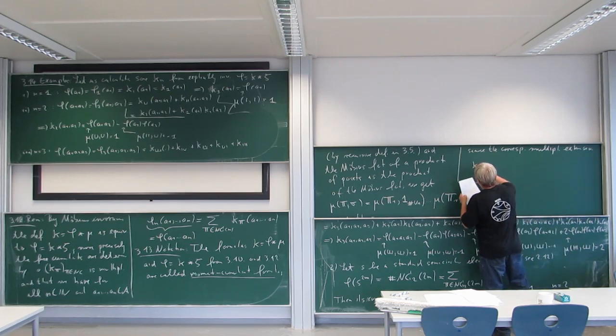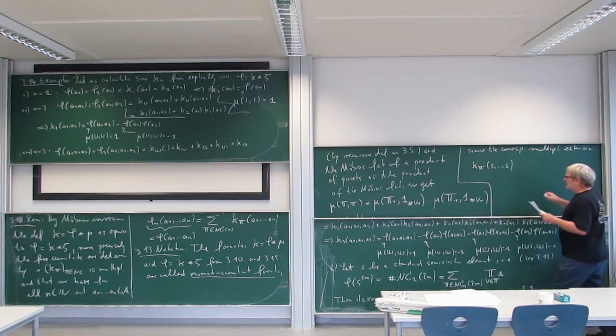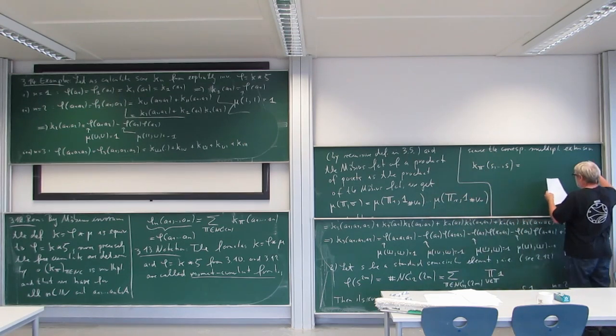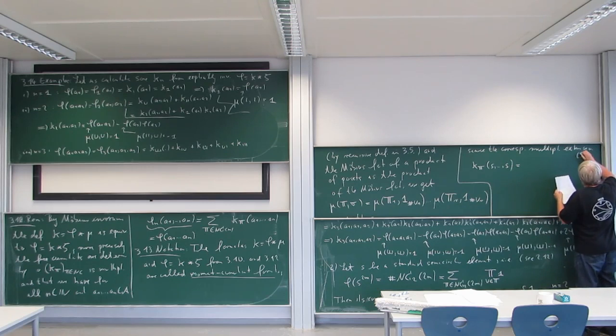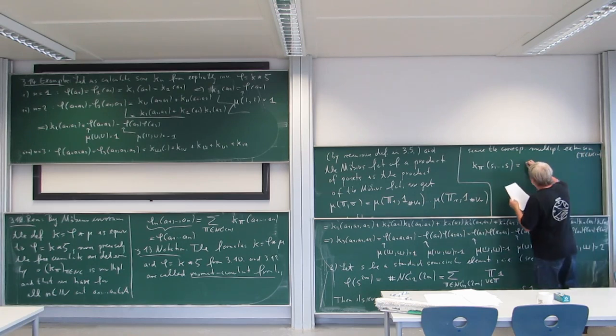So this is kappa pi of S. All the arguments are S. And pi is now an arbitrary non-crossing partition of n elements. So this is by definition given by the product over the blocks of pi.